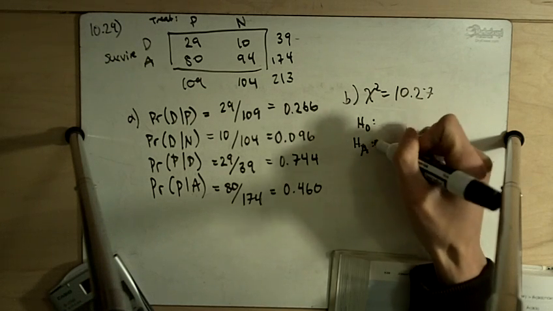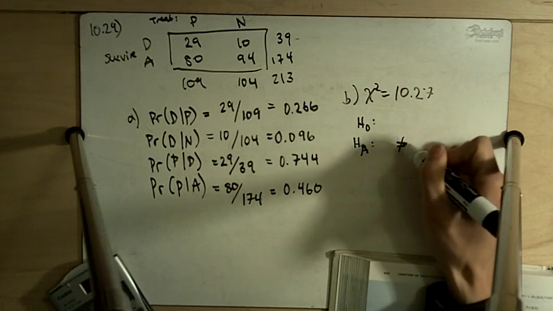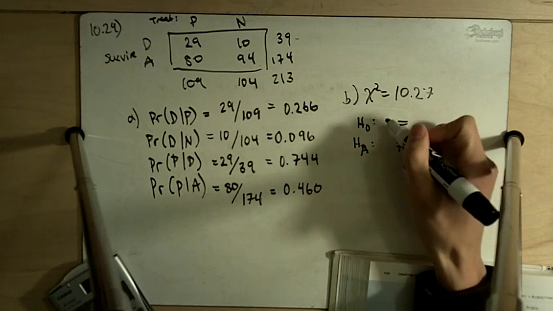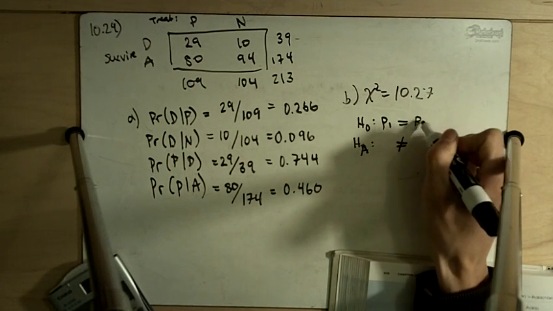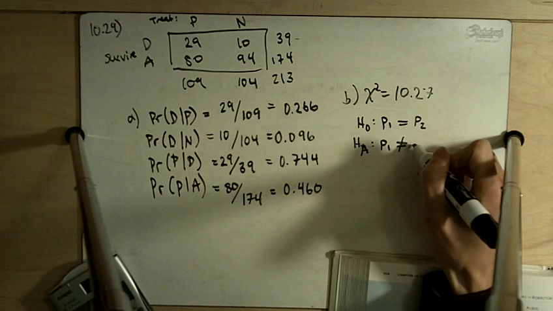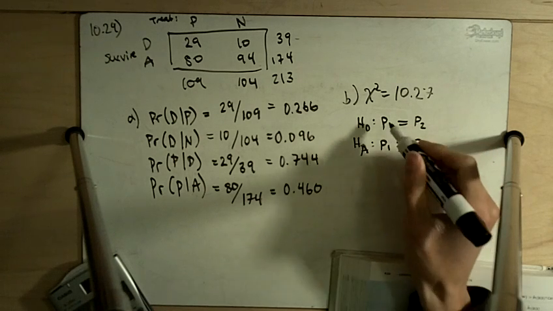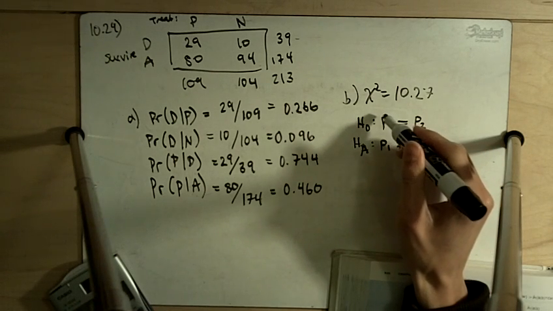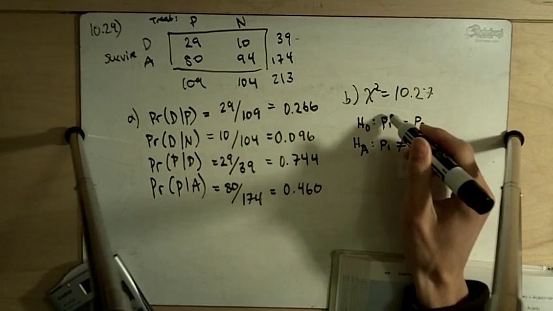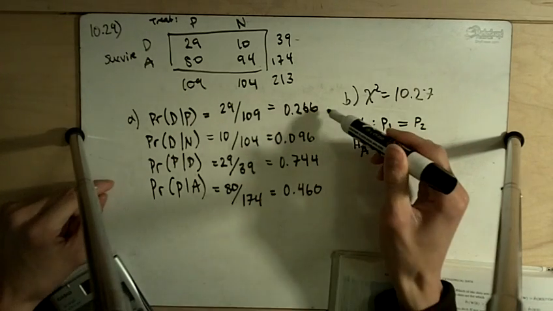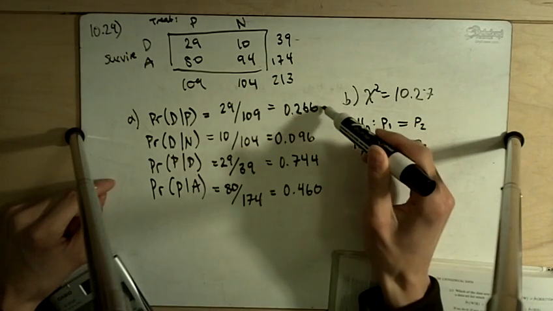The non-directional alternative means we're going to use the not equal to sign. Here P1 and P2: P1 could be the proportion of those who died given positive. So we could be comparing these two groups.